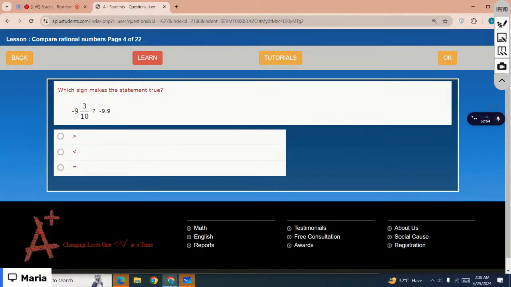Which sign makes the statement true? Negative 9 whole 3 by 10. You have to compare it to negative 9.9. So which is the correct option?